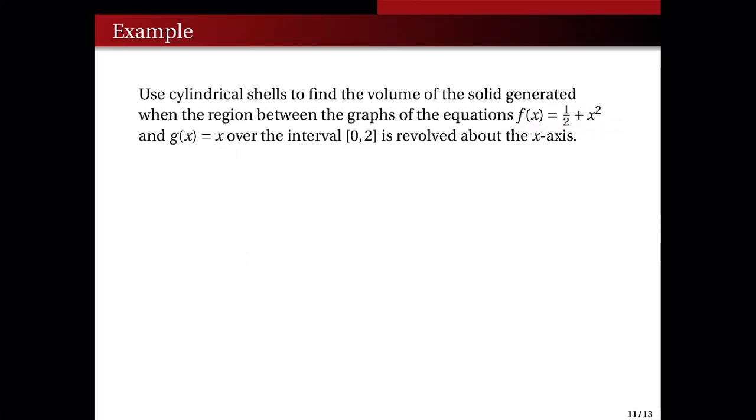I hope you realize now that the examples we are doing on this method are the examples that we did in the previous methods. So you can compare the answers. You should get the same volumes if you have the same scenario.